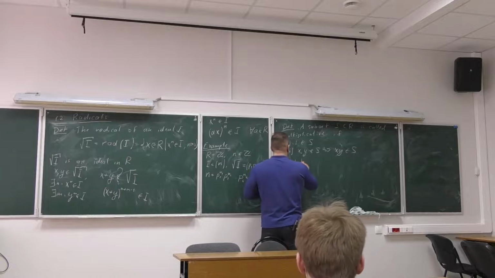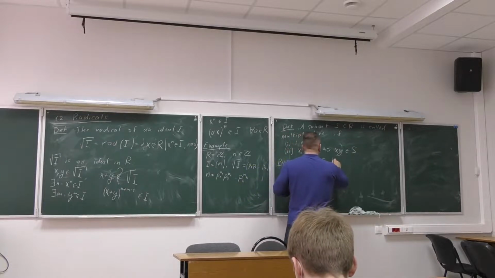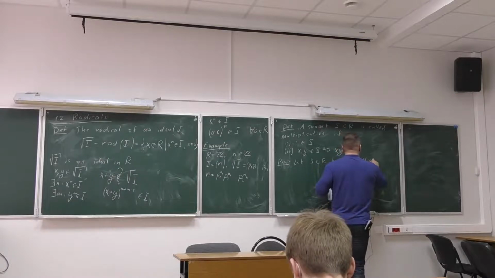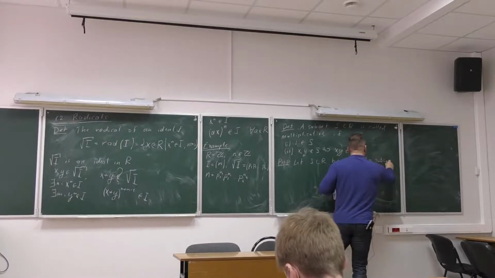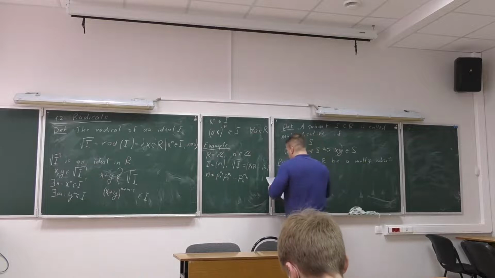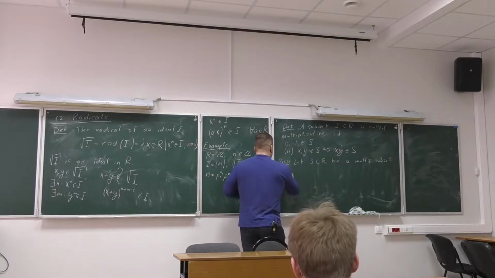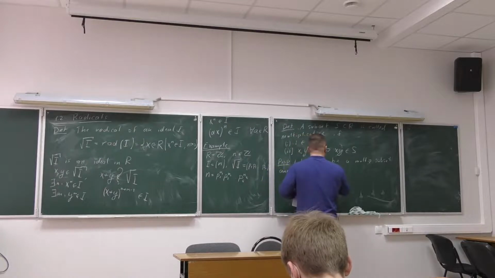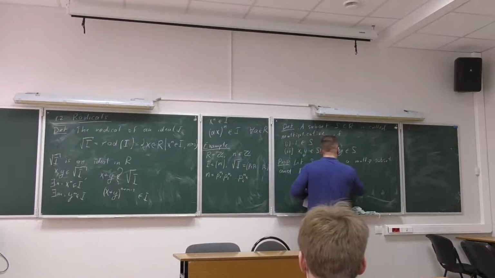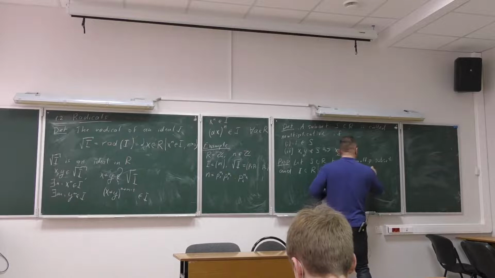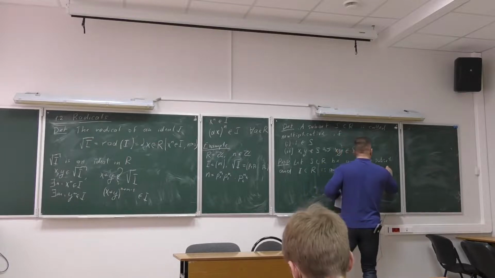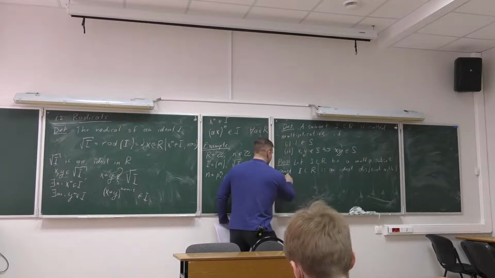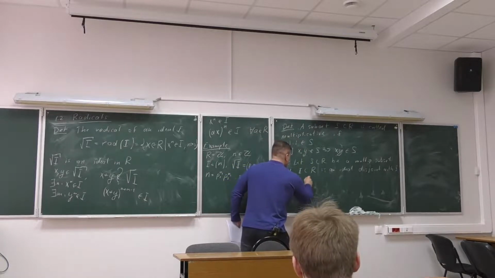So let S in R be a multiplicative subset, and I in R an ideal disjoint from S. So the intersection of the ideal I and S is empty.